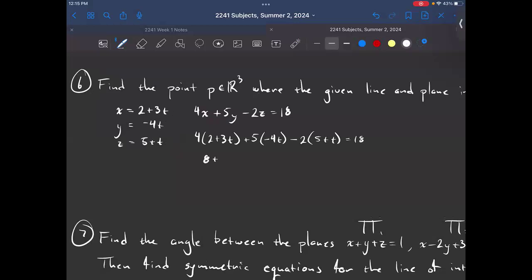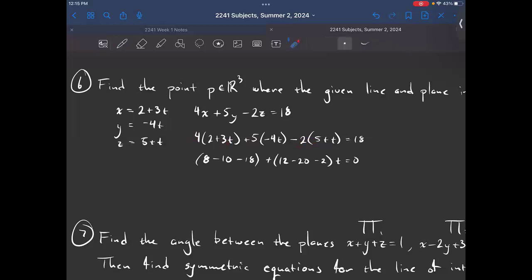So I've got 8 plus 12t. Let's do it this way. I'll collect like terms actually. 8 plus negative 10, 8 minus 10, and then minus 18. And then we have plus 12t, 4 and 3. 5 and minus 4 is negative 20t. And then negative 2 and 1 is negative 2t. This equals 0.